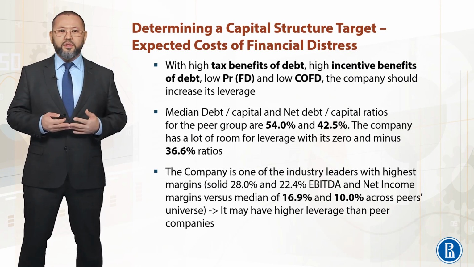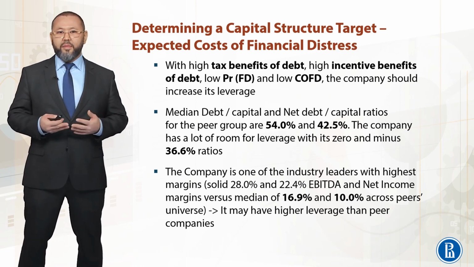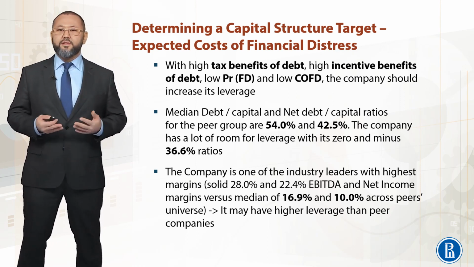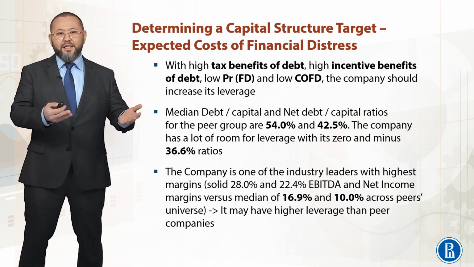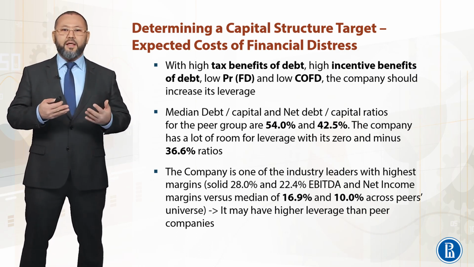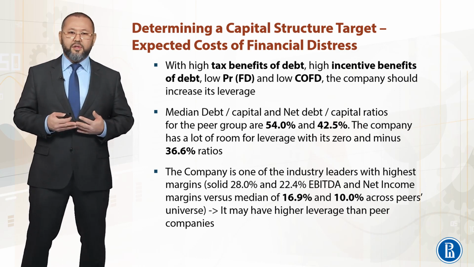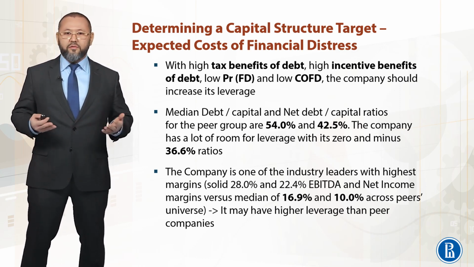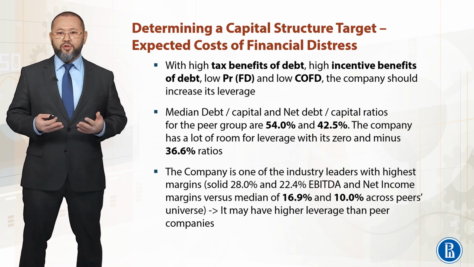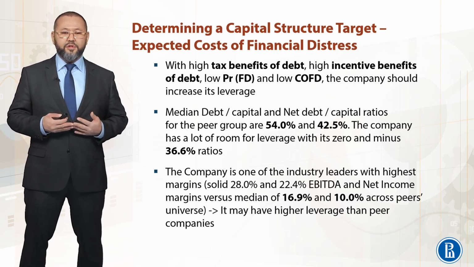So, conclusions. With high tax benefits of debt, high incentive benefits of debt, low probability of financial distress, and low cost of financial distress, the company should increase its leverage.